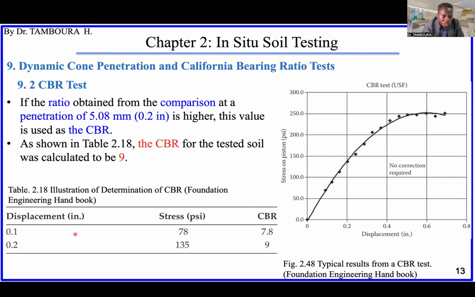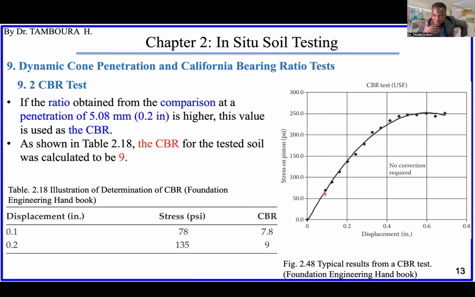Actually, the result is here. It's 135, less than 140 actually. So the first one is 78. This is directly the result from the 0.1 inches displacement.